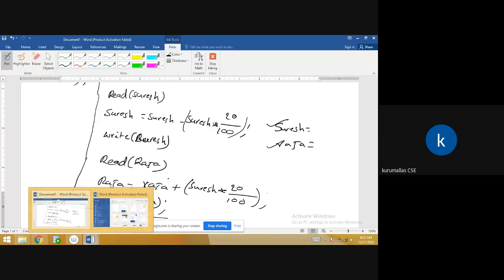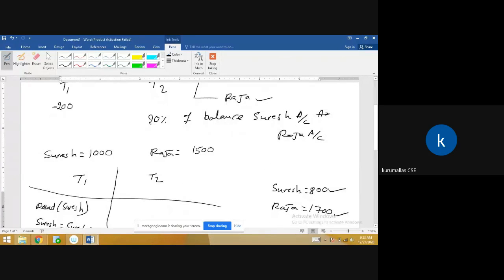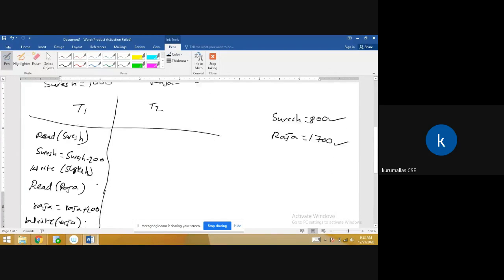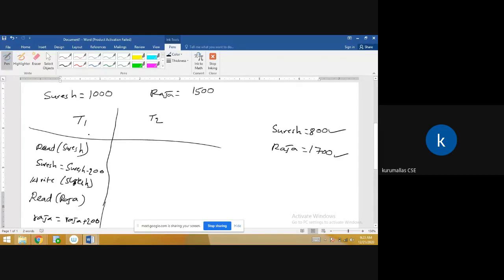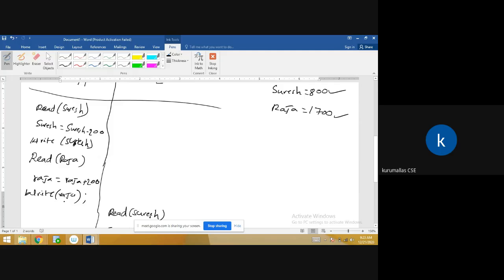Before that, you see here, the initial amount is Suresh equal to 1000 and Raja equal to 1500. Once you apply transaction T1, 200 rupees is decreased from Suresh's account and added to Raja's account. This is T1. After that, Suresh's account is 800 rupees and Raja's account is 1700 rupees. Once T1 completes, transaction T2 starts.